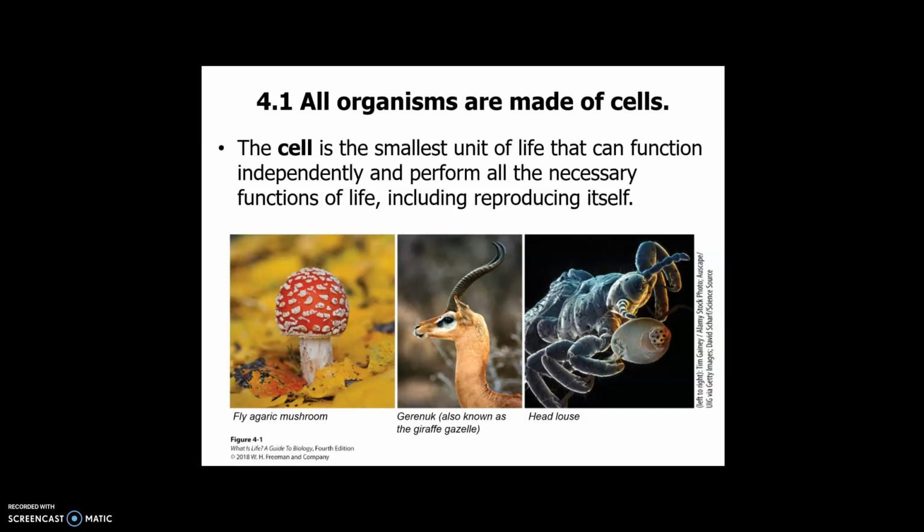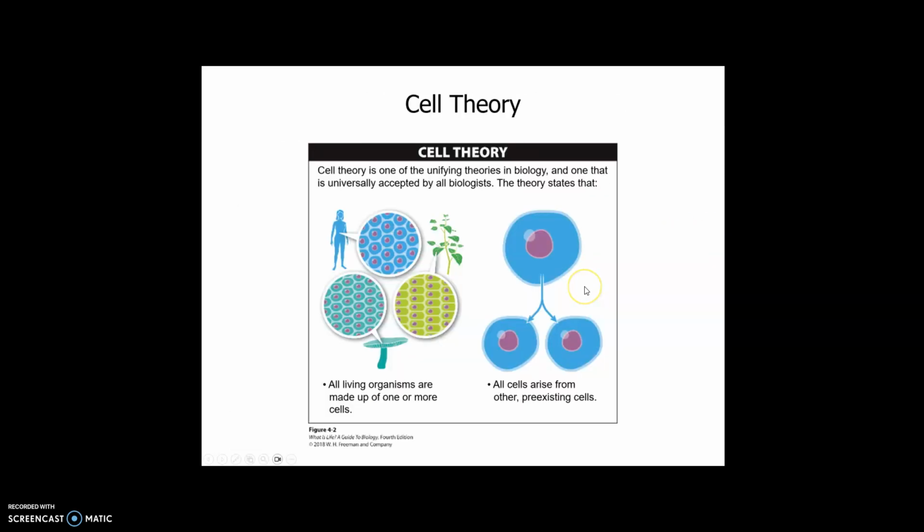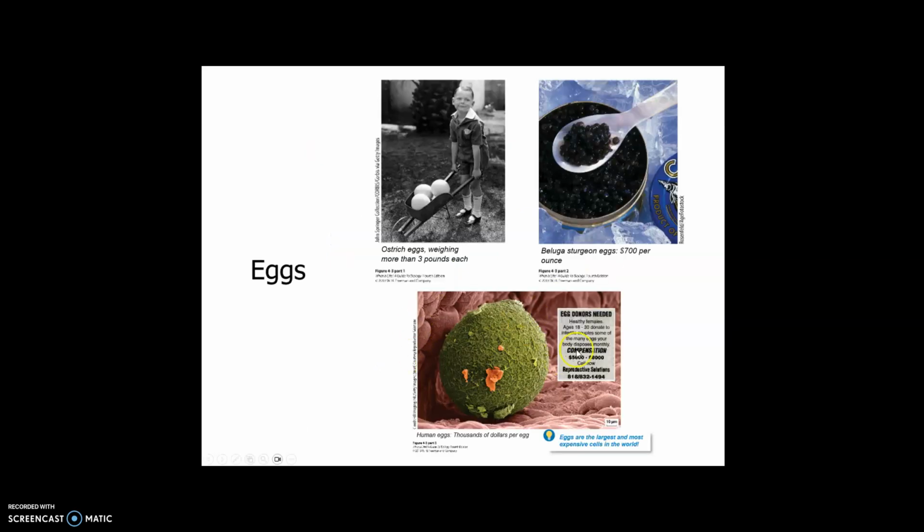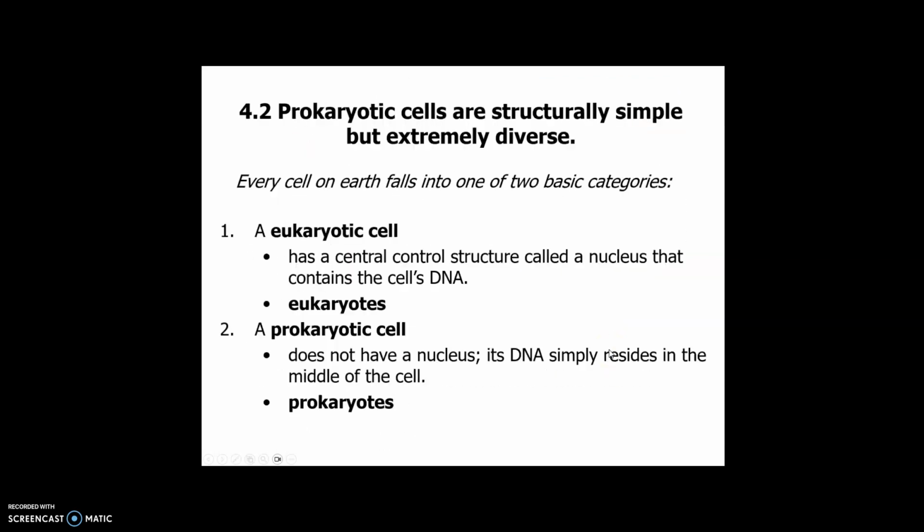All organisms are made out of at least one cell. And that's actually, if it's alive, it has to be made of at least one cell. So I'll let you guys read that. Then you guys are going to go over the different types. There are two main types of cells on the face of this planet as of today.